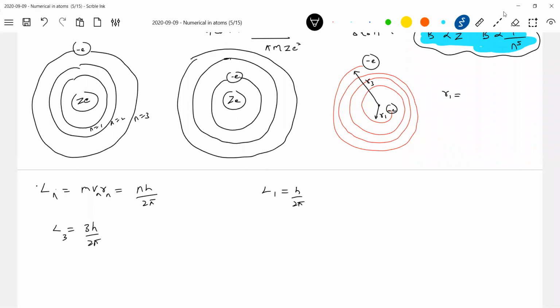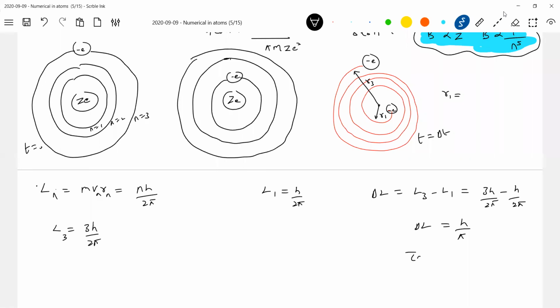So is there any change in angular momentum? Yes. At t equal to 0, and it took time delta t. So what is the change in angular momentum? Delta L. I'll take the difference: L3 minus L1, 3h by 2 pi minus h by 2 pi, which is h by pi.